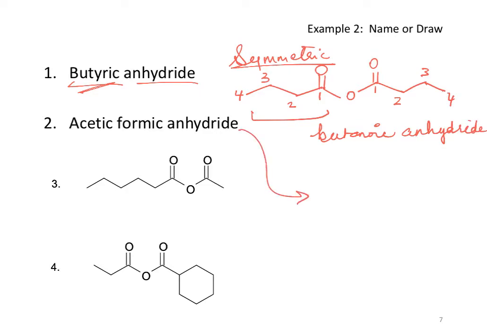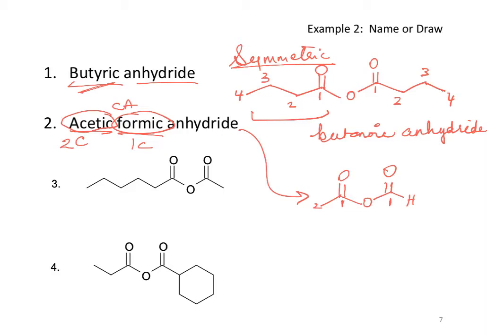If you look at the next one, we are calling it acetic formic anhydride. So anhydride, let's draw that out. And that's a terminal functionality as well. So I have marked my 2 carbon atoms. On one hand, I want to put acetic because that means a 2 carbon chain. Formic means a 1 carbon chain. So this is a 2 carbon chain. This is a 1 carbon chain. That should be the structure of acetic formic anhydride. Notice I used the acetic and the formic together. So both of the CA names were taken together.